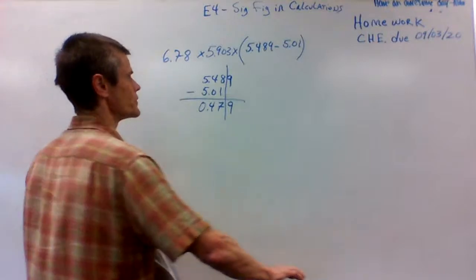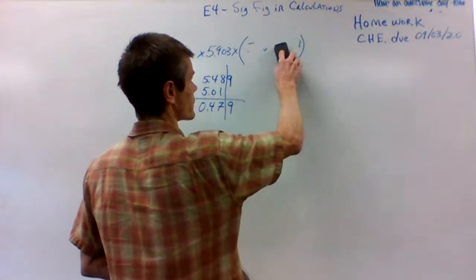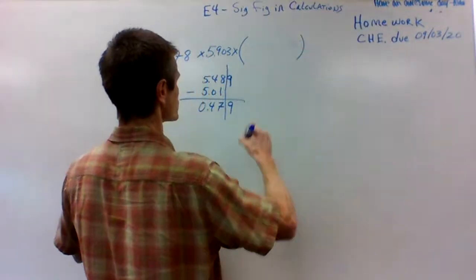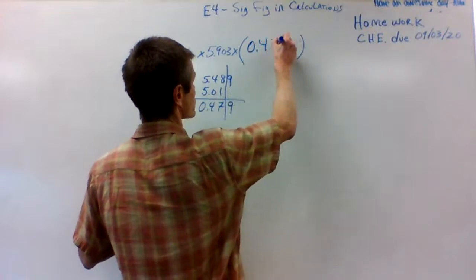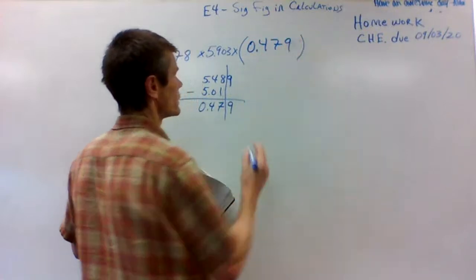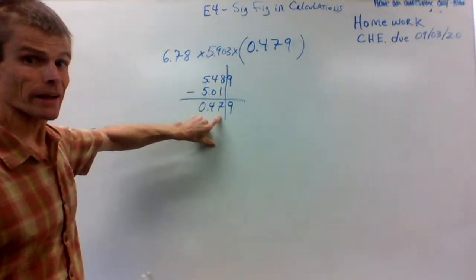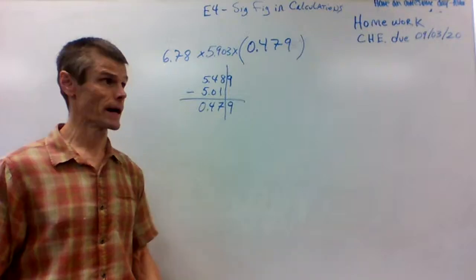So let's put the answer for that step into our parentheses, 0.479. Now we want to remember that in this answer we're really only limited to the hundredths, but we're going to keep all of our data because it's important not to round.